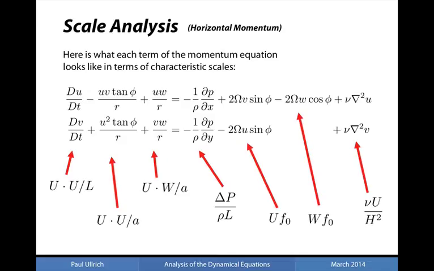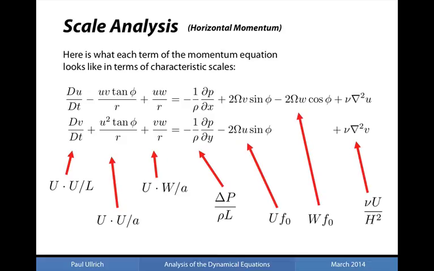The idea here being that the pressure changes by an amount delta P over a distance L. We have our first Coriolis term associated with zonal contributions to Coriolis with a value 2 omega v sine phi in the zonal momentum equation. This term has scales u times f naught. Remember, f is 2 omega sine phi, and u is the zonal velocity scale. We also have a vertical Coriolis term given by 2 omega w cos phi in the zonal momentum equation. This has scales of w times f naught.